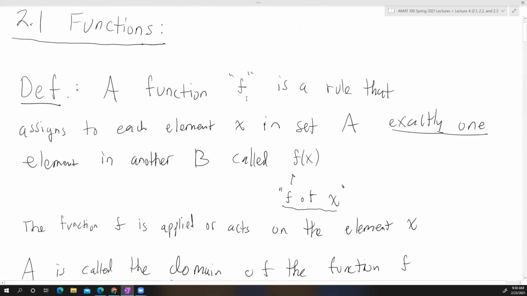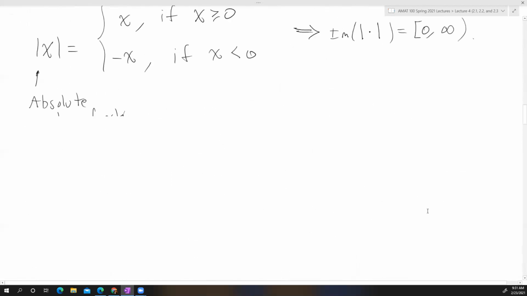A function f is a rule that assigns to each element x in a set A exactly one element in another set B, and this output is called f of x. So the keywords here are exactly one, and that will prove why the vertical line test is valid. Let's see why.